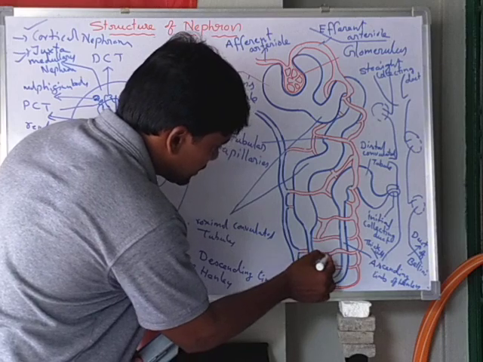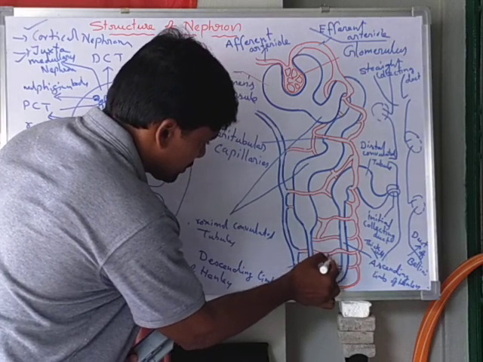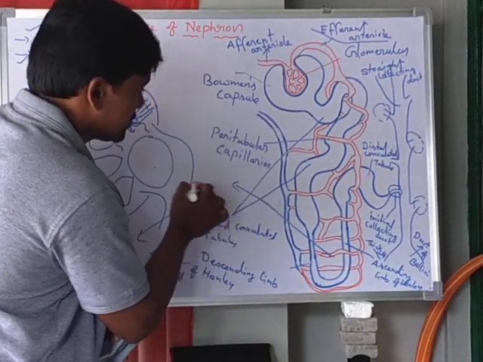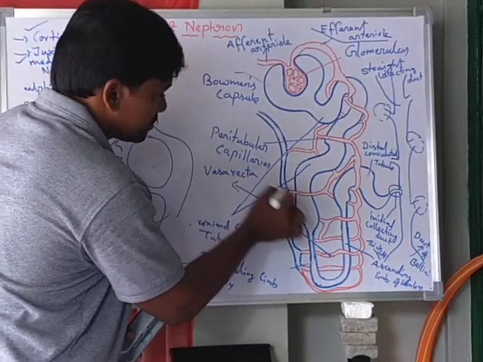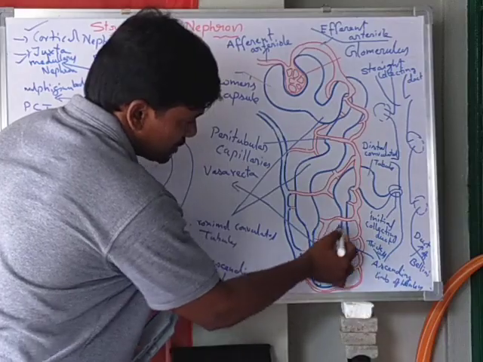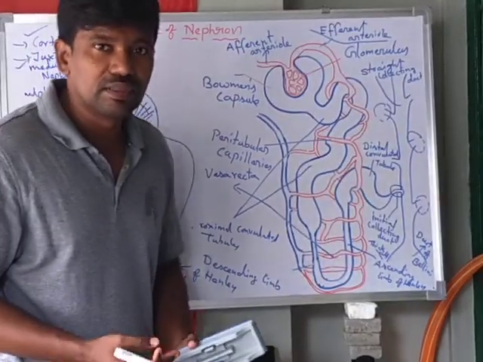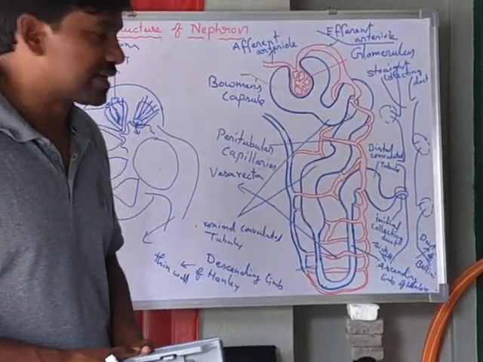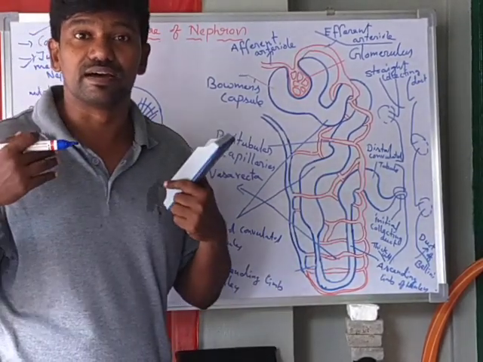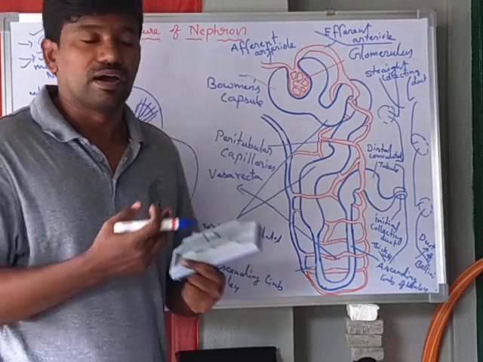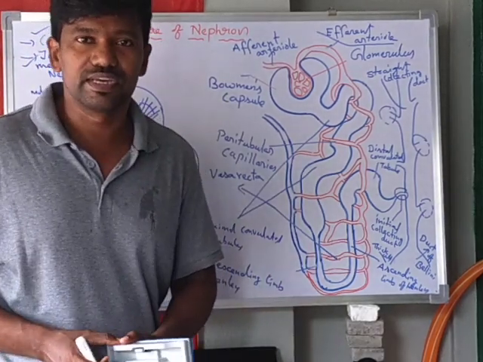So this is about the structure of the nephron and renal tubule. Okay, thank you.